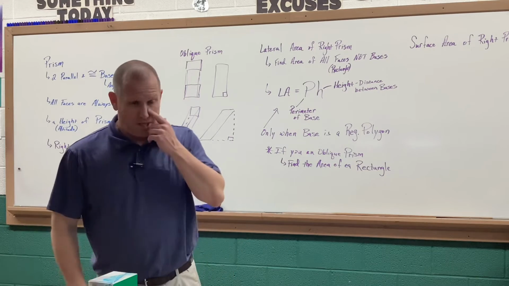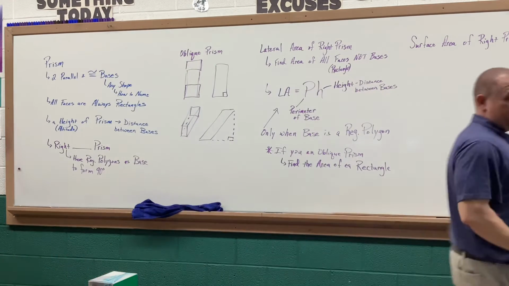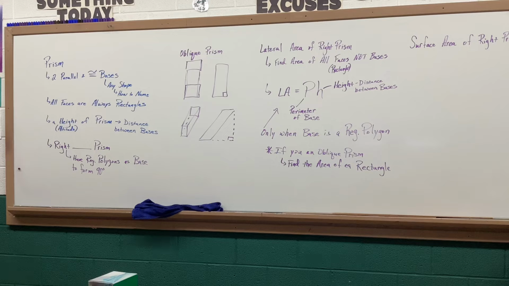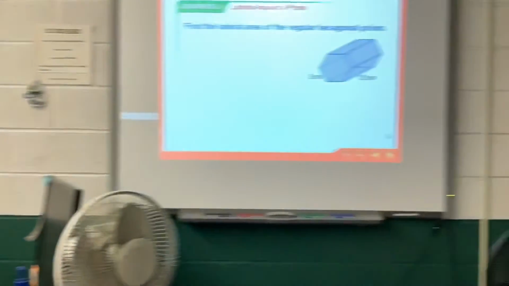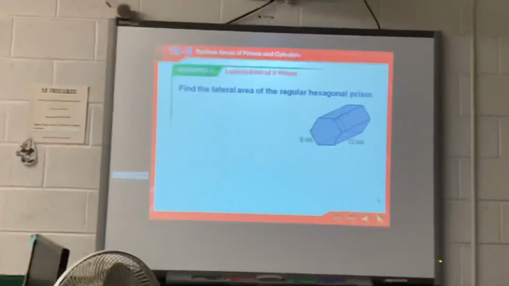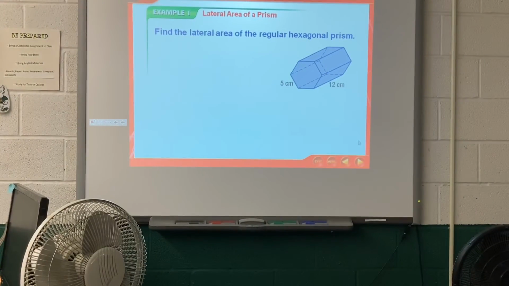All right? Is everybody okay with the lateral area? I want to show you this before we go on, because if you don't get this concept, then it's hard to see. So for something like this, we assume it's a regular polygon. No, they should tell you. See how this one says it's a regular hexagonal prism?